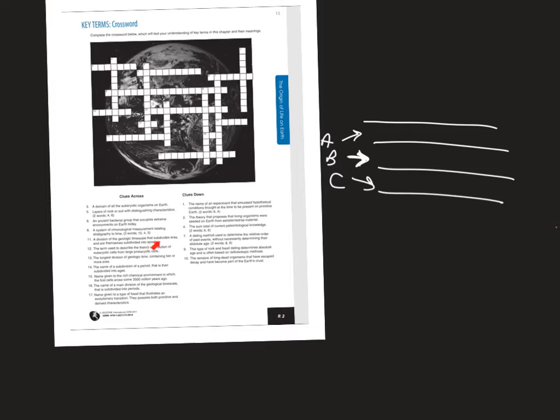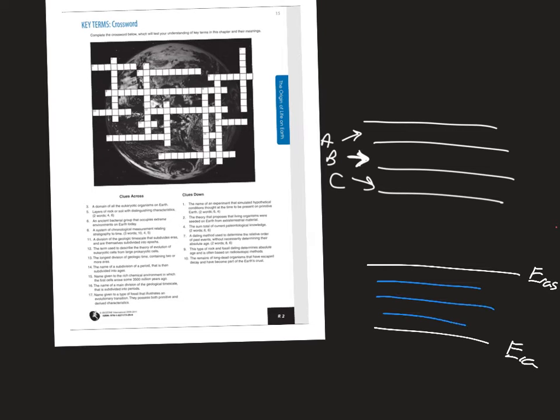The division of geological timescale subdivides eras and are themselves subdivided into epochs, right? So some kind of timescale that makes eras smaller, somewhere in between eras, and somewhere in between eras you have these unknowns that we're talking about, but then themselves are divided by epochs.